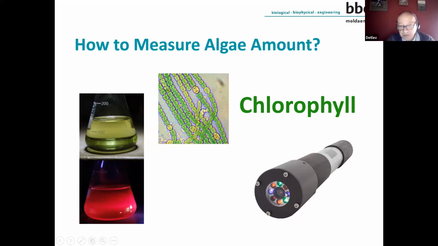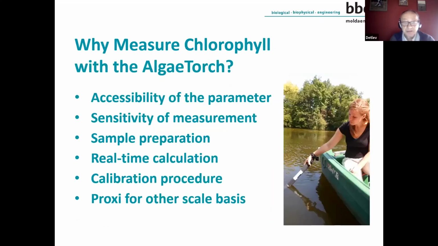And that is what we are doing. We use this fluorometer and excite the algae with the light, and they emit fluorescence. And this fluorescence is related to the content of chlorophyll A. And why do we do this with this AlgaeTorch?